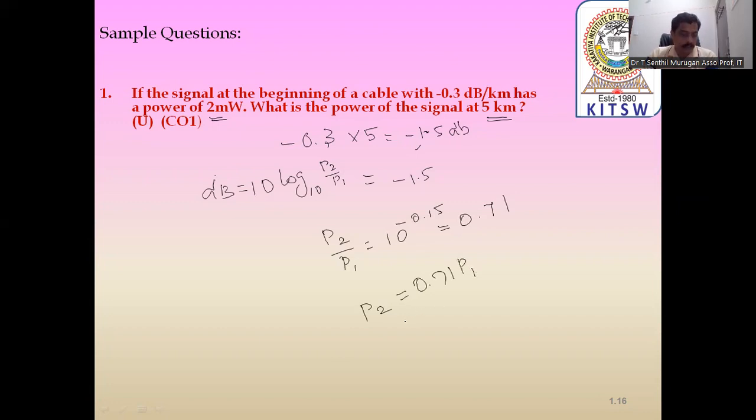Now we calculate 0.7 into 2 milliwatts, so totally 1.4 milliwatts. This is the power while transmitting the signal over 5 kilometers of length.